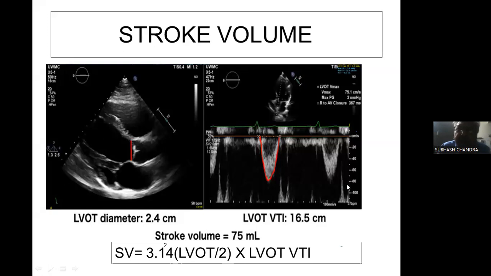Fluid therapy in septic shock, or any shock patient where I want to give fluid. If my fluid therapy is working, stroke volume will keep on improving. Once it becomes stationary, I should stop giving the fluid, otherwise the patient will go into left ventricular failure. Okay, good. Any other question?